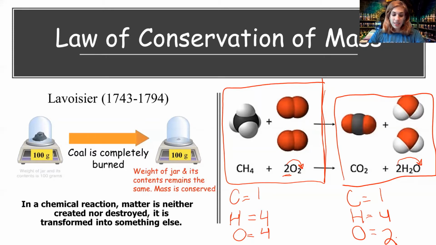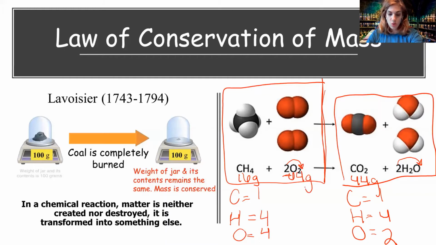Alternatively, if we were to calculate the mass of that, we would find that 1 methane molecule has a mass of 16 grams, and 1 carbon dioxide molecule has a mass of 44 grams. The 2 oxygen molecules have a total mass of 64 grams.